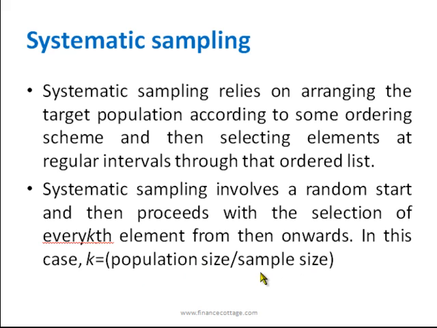For example, if our population size is 100 and we want to select 20 observations out of the population of 100, then the k value would be 100 divided by 20, which means 5. So when we arrange the data in ascending or descending order, we can select every fifth element from the population to become part of the sample. So this method is known as systematic sampling.